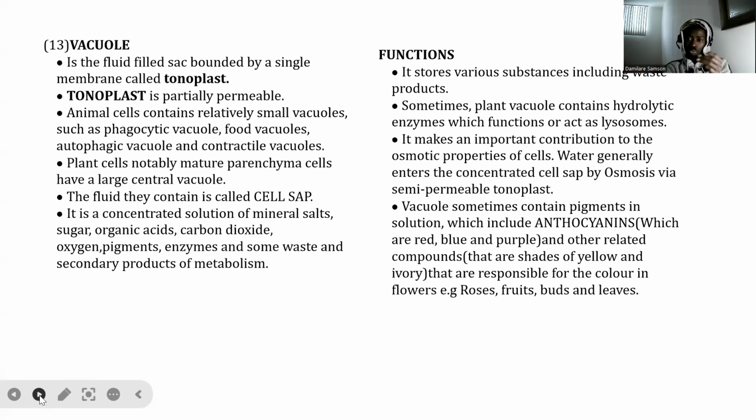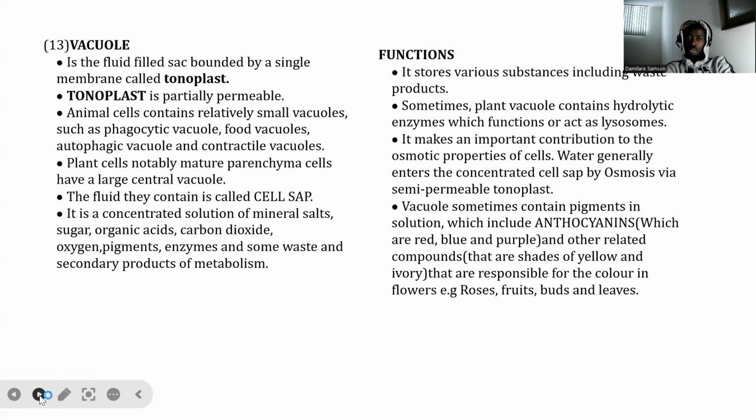The contractile vacuole is for removal of undigested waste, mainly in liquid form, like the one we have in paramecium. Plant cells, notably mature parenchyma cells, have a large central vacuole. The fluid they contain is called the cell sap.